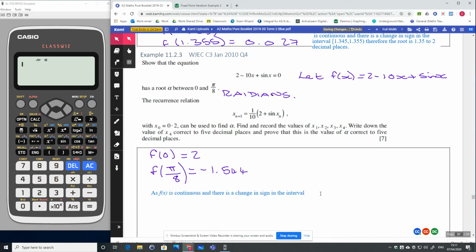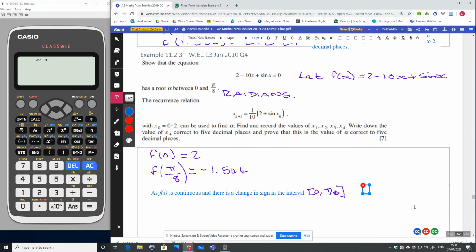So as f of x is continuous and there is a change of sign in the interval, this time I'm going to write it in because I've got 0 to pi over 8. Or you could say there is a change of sign between 0 and pi over 8.